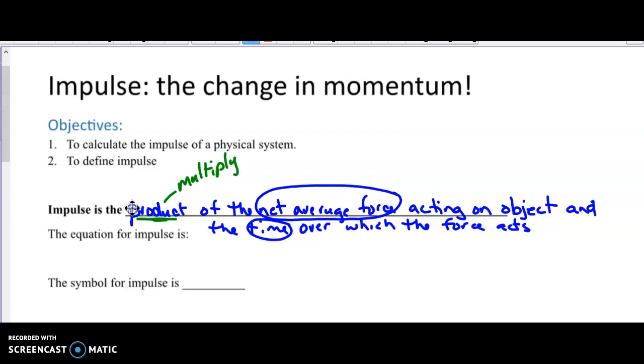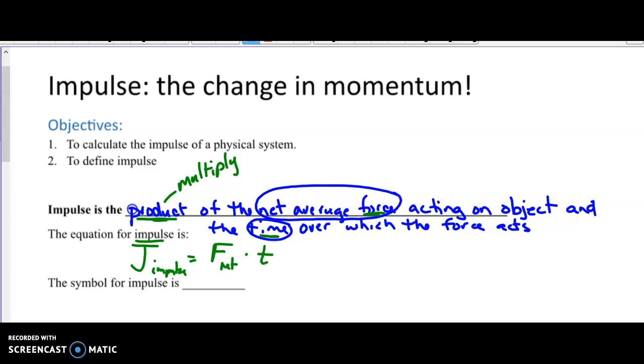Now, the word impulse does start with an I, but in physics, rather than using the letter I, because we use it someplace else in electricity, they use the letter J. So J stands for impulse, equals the product of the net force, right here, force, so we use a capital F for force, and we can put net there, times the time, we always use the little t.